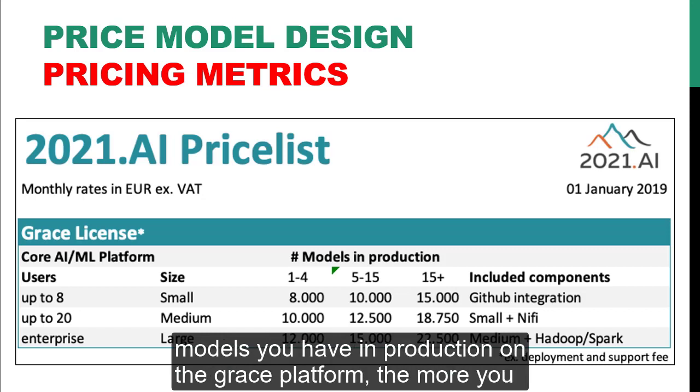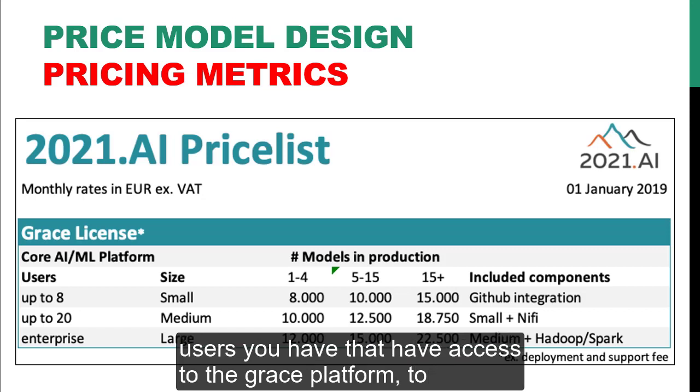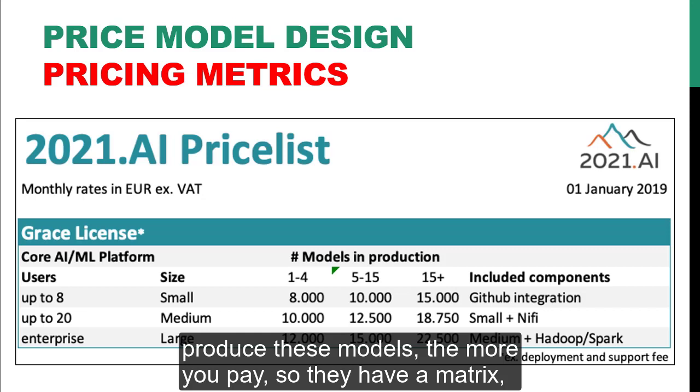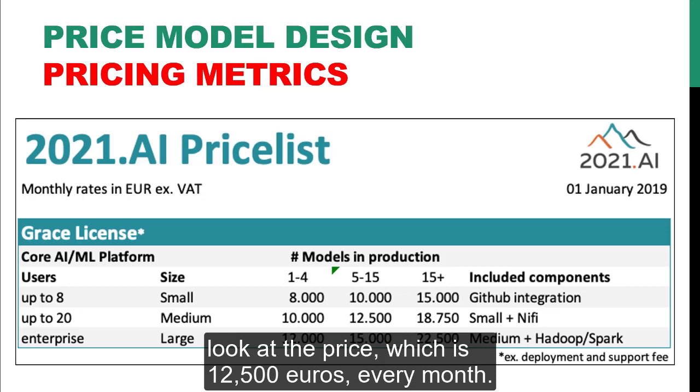So the more models you have in production on the Grace platform, the more you pay. The second pricing metric is users. So the more users you have that have access to the Grace platform to produce these models, the more you pay. They have a little matrix where if I have, let's say, 10 users and 10 models, then we look at the price, which is 12,500 euros every month.